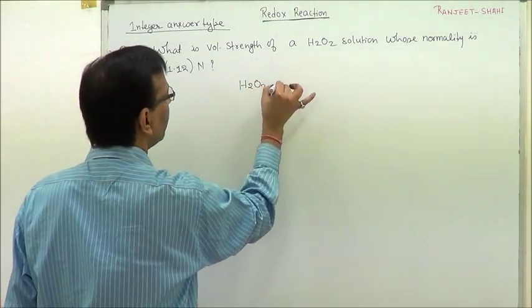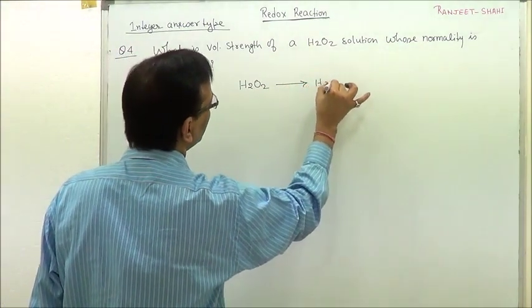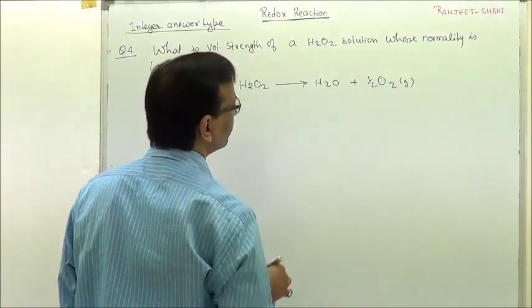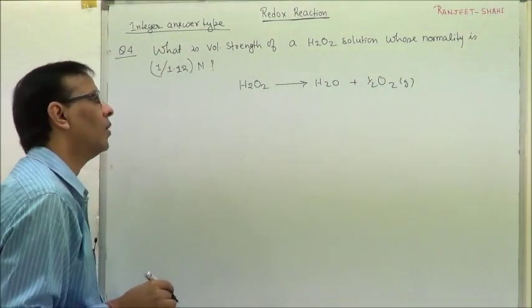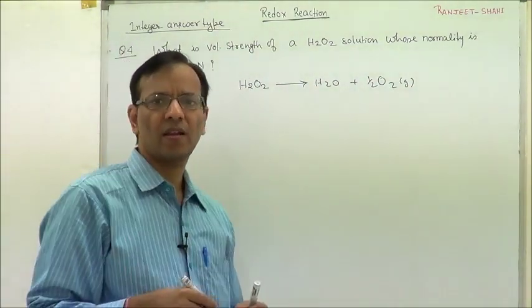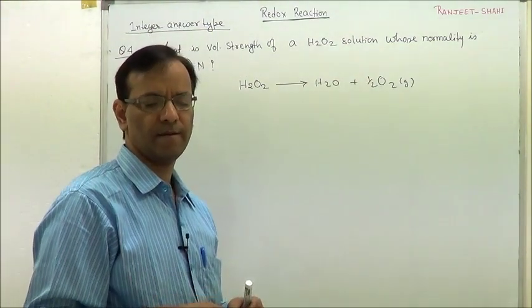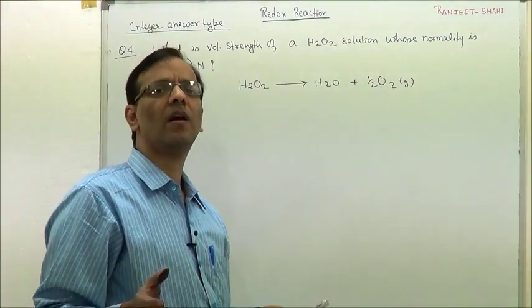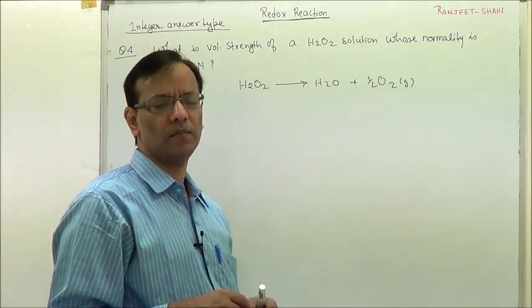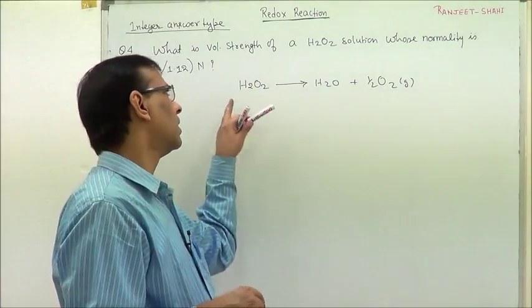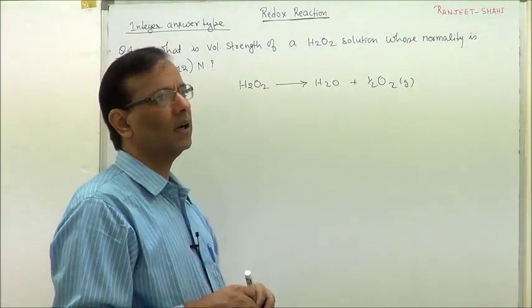H2O2 decomposes to give H2O and half O2 gas. So volume strength of H2O2 is defined as the volume of oxygen gas produced at STP on complete decomposition of unit volume of H2O2.